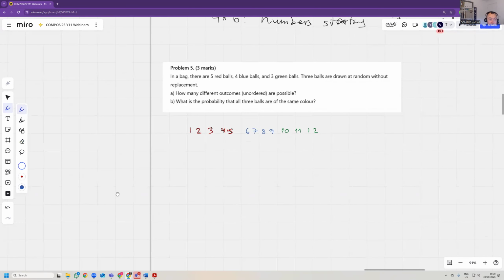As a matter of fact, it's actually even more simple here. How many different outcomes? Well, the first ball can be of 3 different colors, the second ball can be of 3 different colors, and the third ball can be of 3 different colors. And that means that there are 27 outcomes.